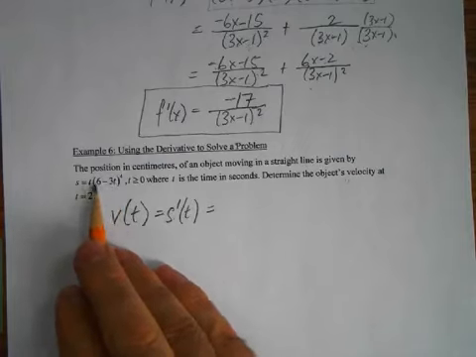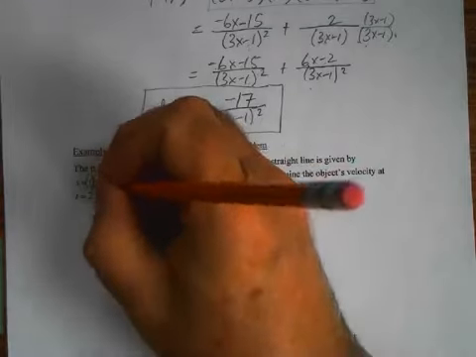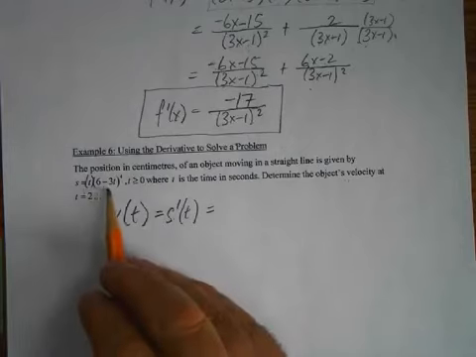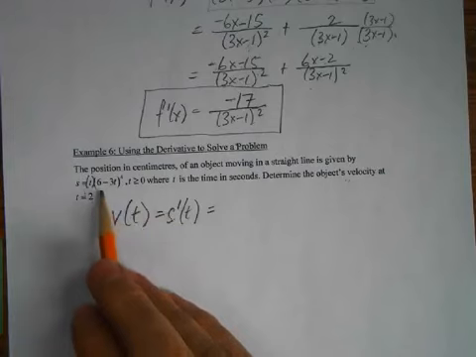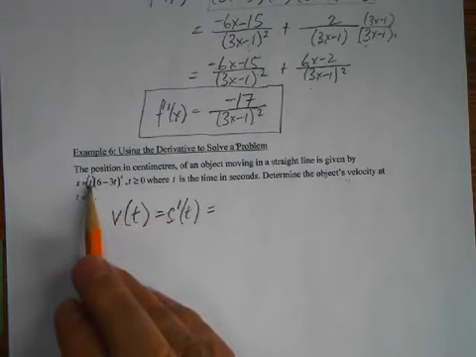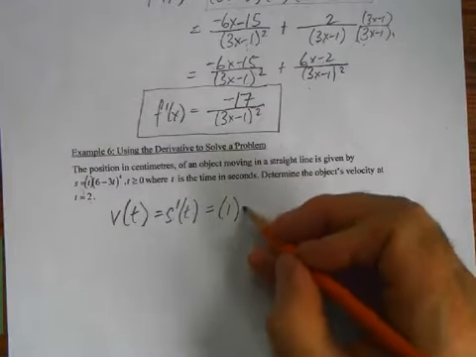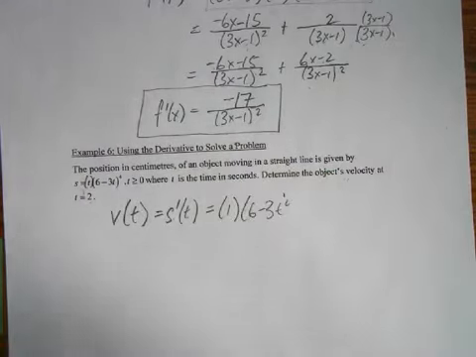So again, this is a product, right? I've got the t in front, which is its own function, and then the (6 minus 3t) to the fourth, that's the second function. So when I take the derivative, the derivative of t with respect to t is 1, times (6 minus 3t) to the fourth.